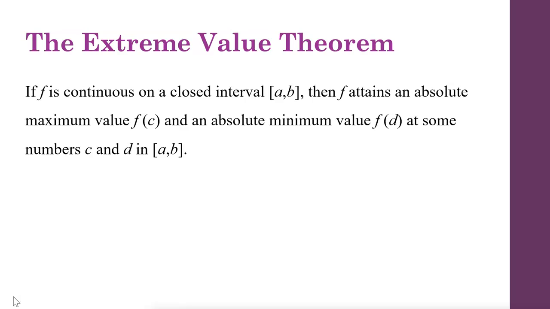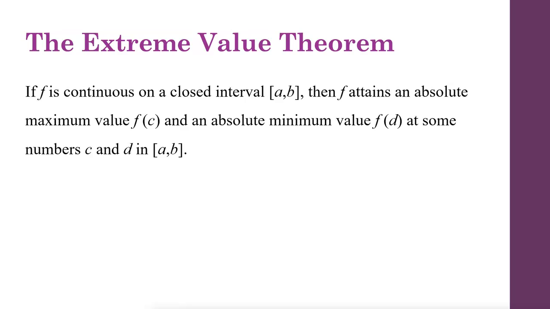Now notice this theorem only guarantees an absolute max and min, and only if the conditions of continuity on a closed interval are met. Right, so my interval needs to be closed and my function needs to be continuous.